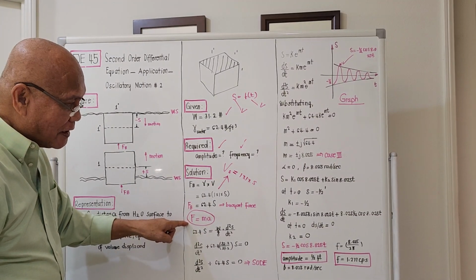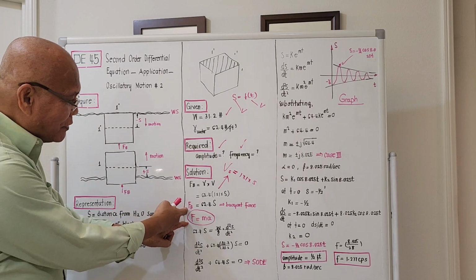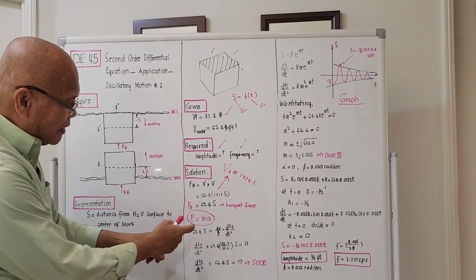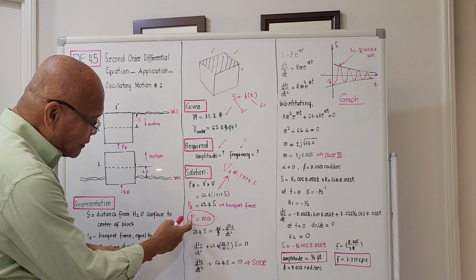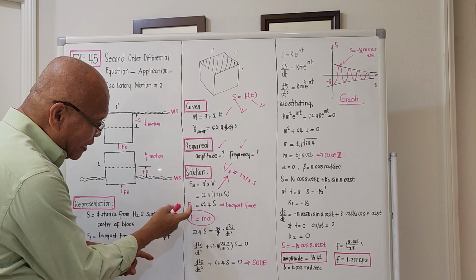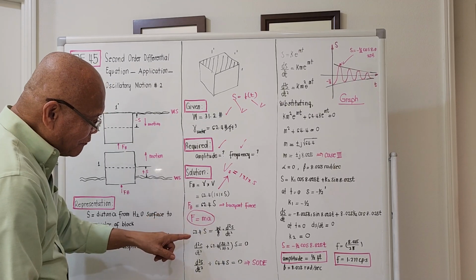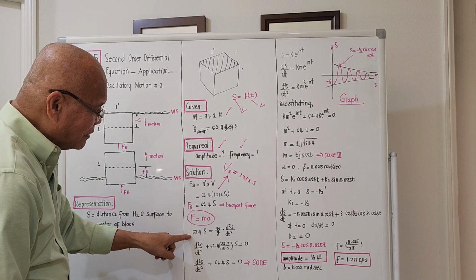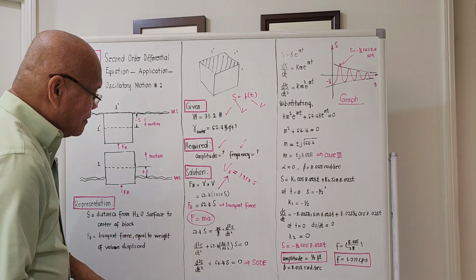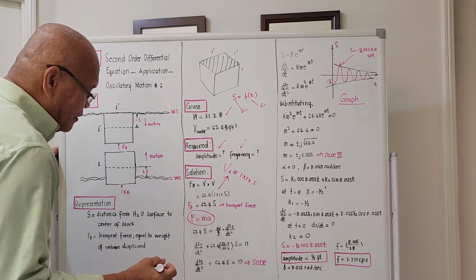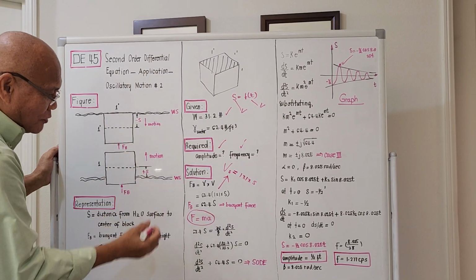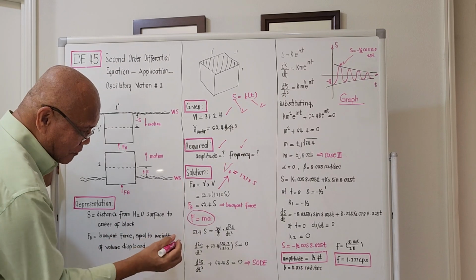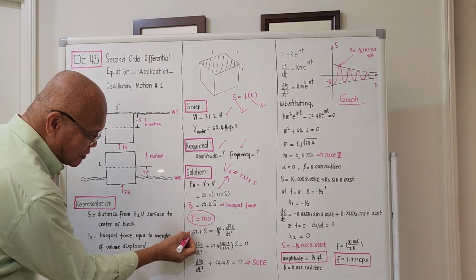The capital letter F on the left hand side is the buoyant force. So we equate this capital F to F_B, and this should now be equal to 62.4 S. But this F here is against the motion, so I forgot to place a negative sign over here.